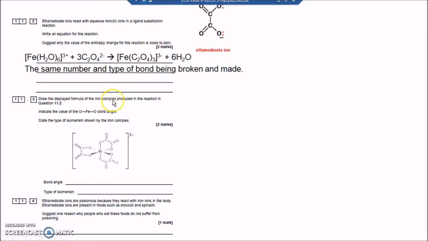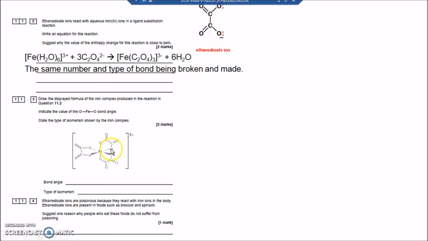Draw the displayed formula of the complex ion produced in the reaction. So what I've got is 3 of these around a central ion. I've actually just drawn it here as an octahedral structure, but you don't really need to do that. You can just draw it flat if you want. I've got an Fe and an ethane dioate ion here with a bond between the Fe and the O's.